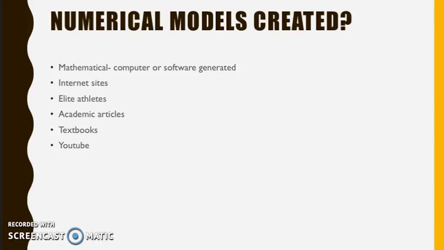It can also be generated through models found in academic articles and literature-based fact sheets, reports, textbooks, and information booklets. And if you're studying basketball, which we are, they would all be on basketball. And these methods can be combined in order to generate the perfect numerical model.